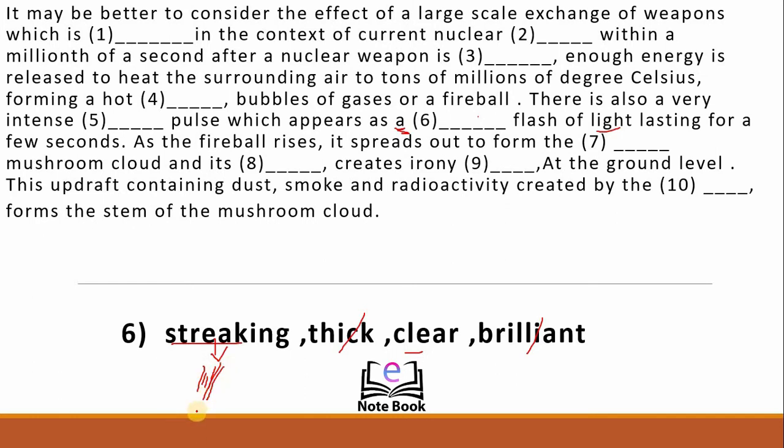You can find this kind of view if you go out in a city at night: different colors and very thin lines of different colors. Since light is being talked about here, streaking would be the more suitable option out of the two available. So I'll mark streaking as my correct option for the sixth blank.